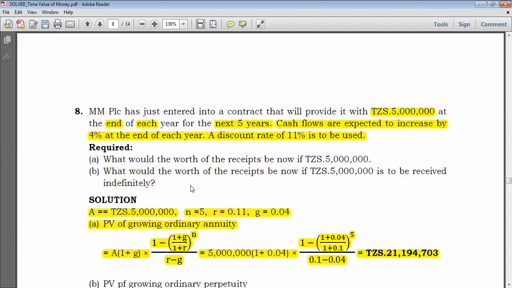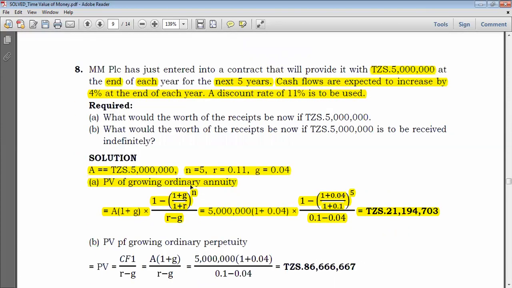Let's go and take a look at our example 8 here. So you have to be very careful. I would just like to come back here. The question said that PLC has just entered into a contract. It is provided with 5 million at the end of each year for the next 5 years, but cash flows are expected to increase by 4% at the end of each year.